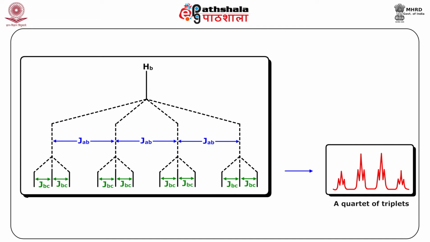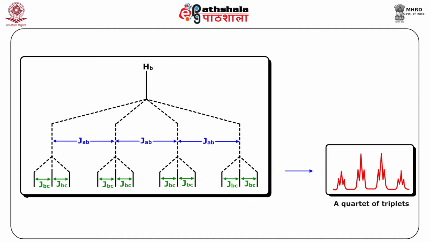Similarly, the hydrogens Ha of the methyl group display a triplet in the upfield region, that is towards the right of the NMR spectrum, due to coupling, and its coupling constant will be denoted as JAB with 2 equivalent protons Hb. Now the two coupling constants are not equal.